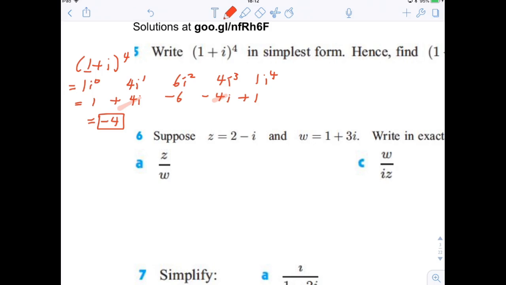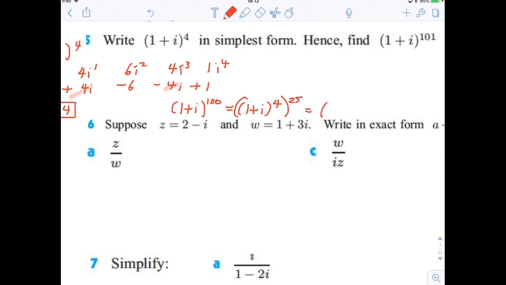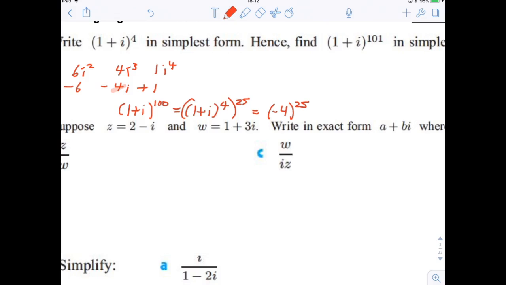So if I multiply (1 + i)^100, that would be equal to (1 + i)^4 to the 25th, which would be equal to (-4)^25. Okay, interesting.